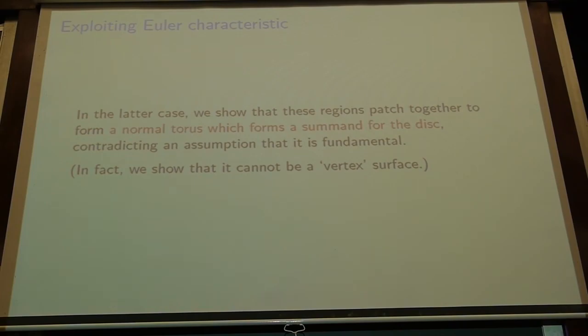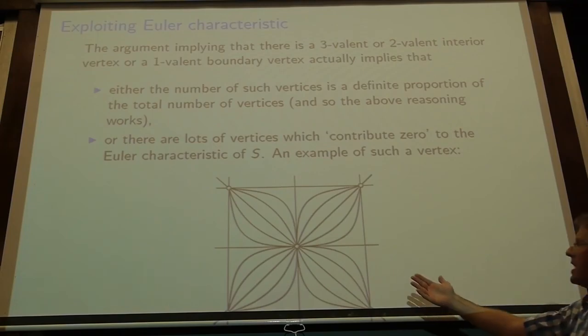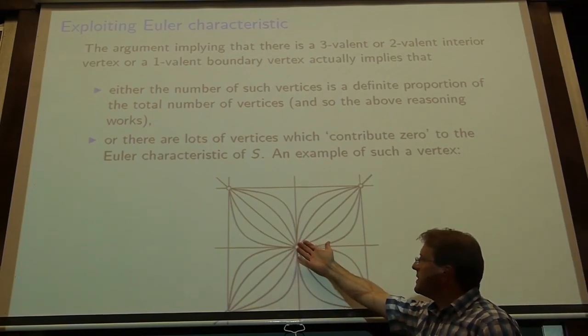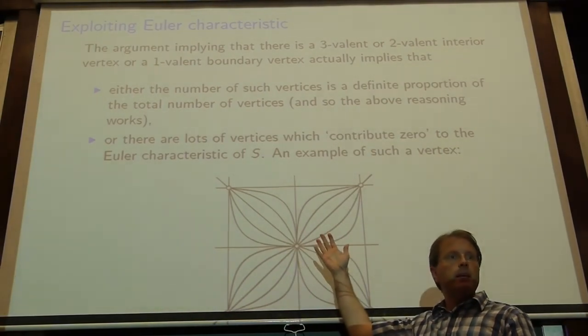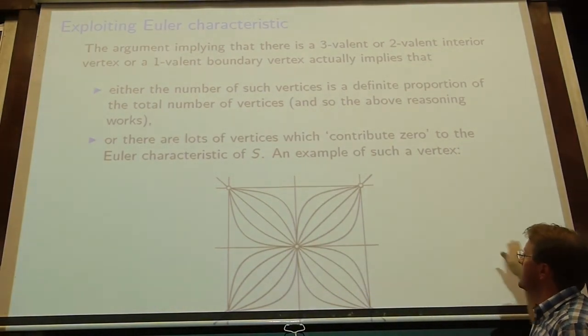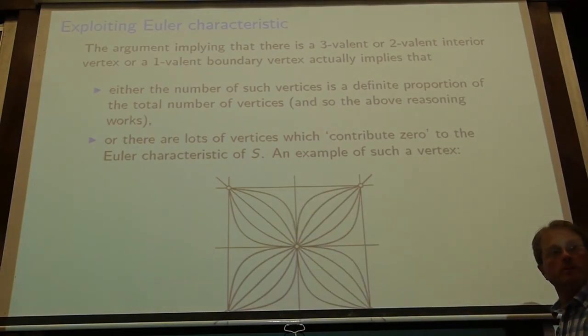Okay, so you can show that you have this normal torus summand. You know you're in dangerous territory because in some sense you're in the realm of aperiodic tilings of the plane. Each of these guys has a colour. It's a vertex type, and there are only finitely many colours. But how can we make sure that we get a repeating pattern so that this top bit follows this bottom bit?